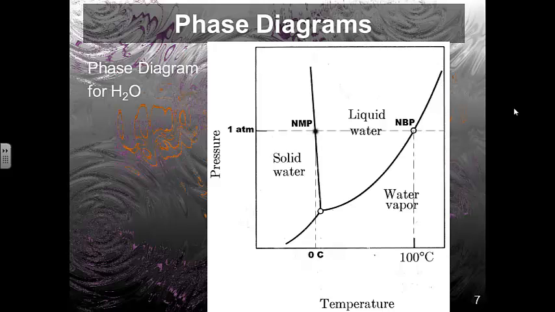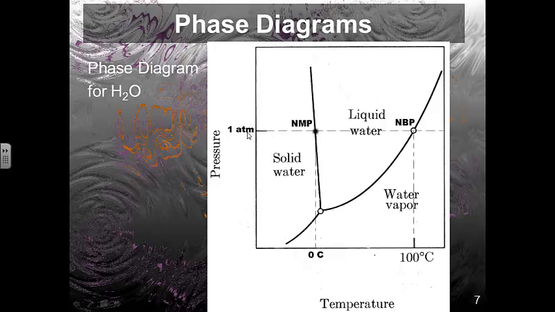We also have a couple of other points labeled on here. We have 0 degrees C, that's the melting point or freezing point of water, and we have 100 degrees C, which is the boiling point or the condensation point. Those points, 0 and 100, are the boiling point and melting point when you are at standard atmospheric pressure.